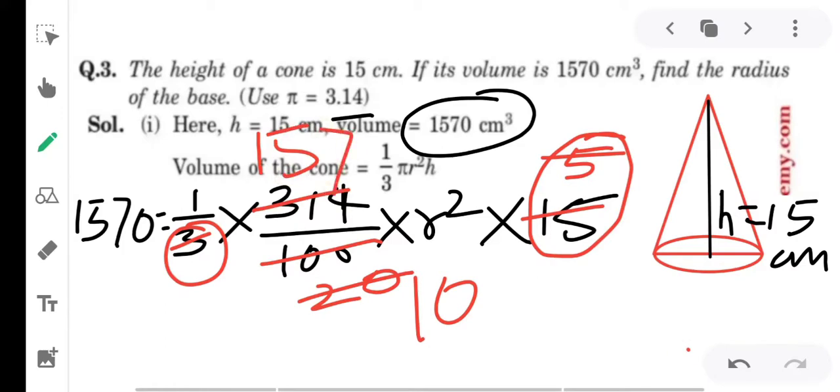So on the left hand side and right hand side, you can see that here is the 1570. So 157 is also here and 157 is also here.